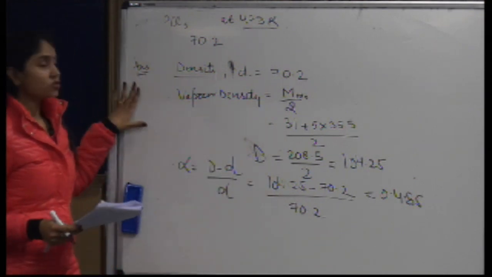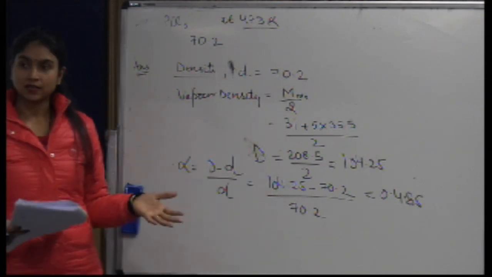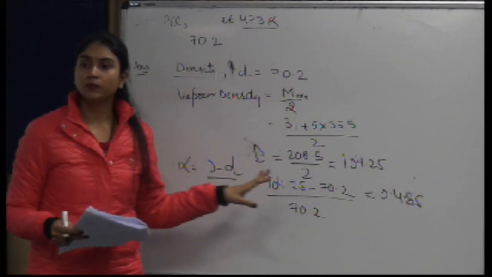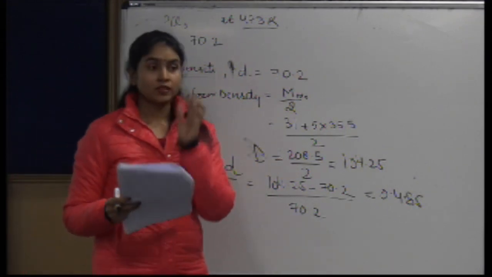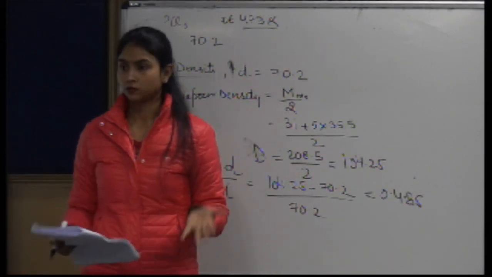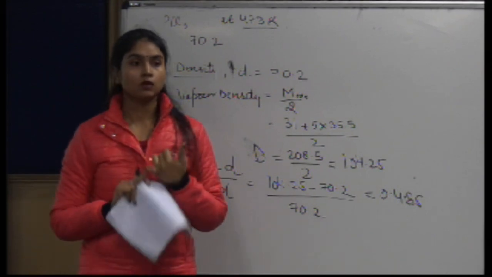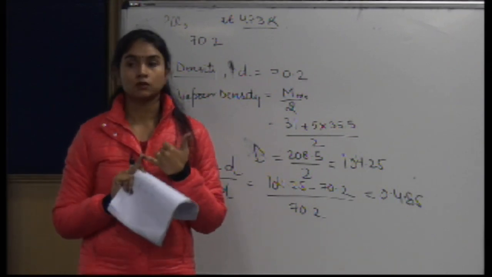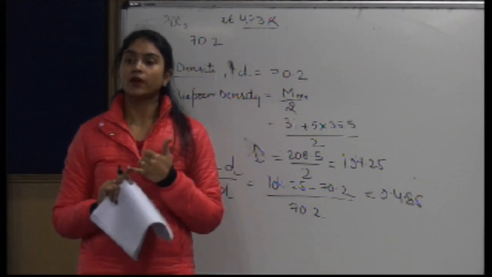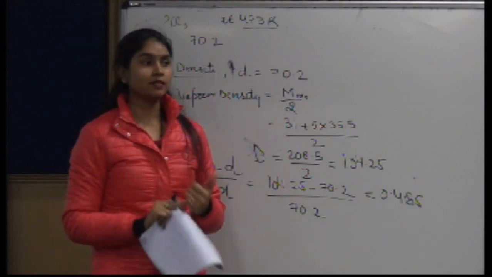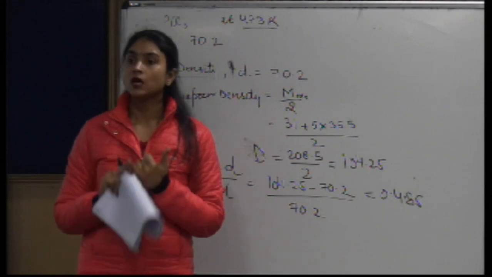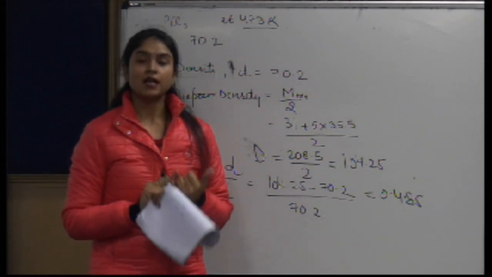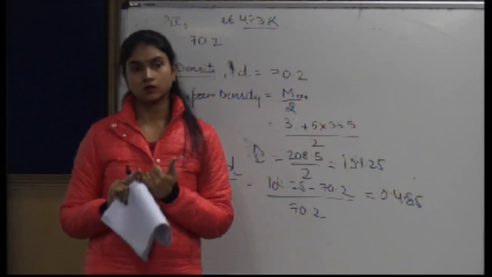So this is the last topic which was left in the last class, which I was not able to complete because of lack of time. So with this, your general equilibria is over. Generally, we talked about the equilibrium constant, which is nothing but the ratio of concentration of products to concentration of reactants.